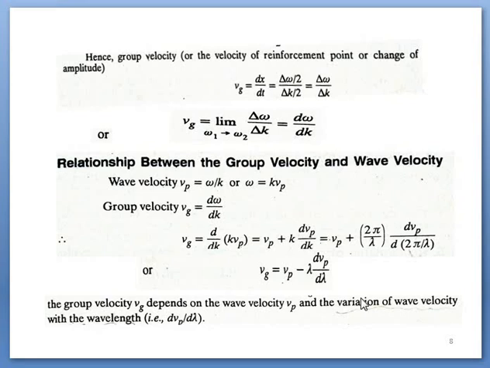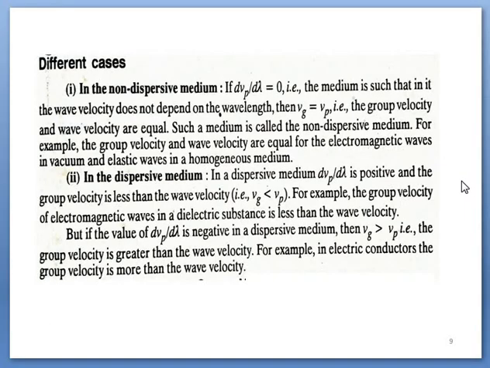Let's see what the relation will be between Vg and Vp in different media. Two cases are taken here. First, talking about the non-dispersive medium. Non-dispersive means the velocity of all waves will be equal.